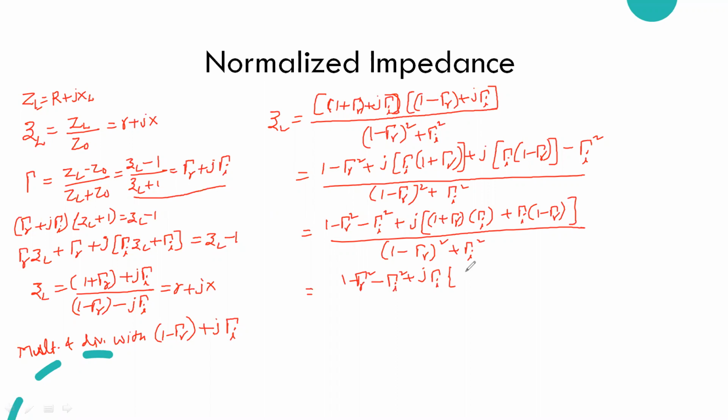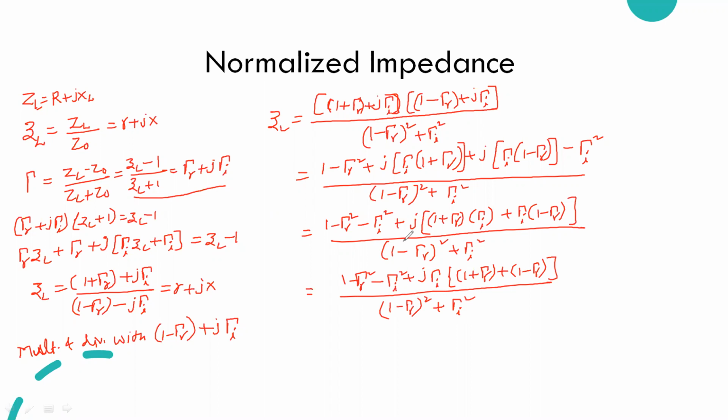Then you will have the term 1 plus gamma r plus 1 minus gamma r. Your denominator term is the same, 1 minus gamma r whole square plus gamma I square.